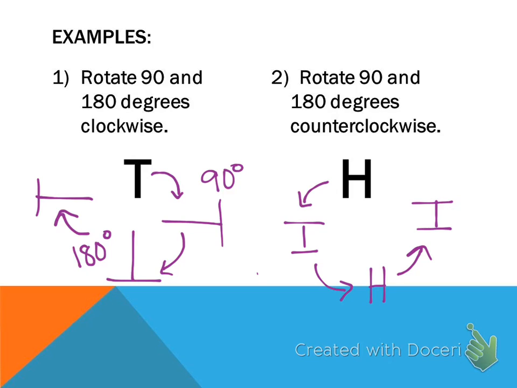If we were to turn it one more time after that, where would we be? 360, which would take us back to the beginning, back to on top of the original figure. Okay. Also notice that I could have gotten the same H's going clockwise. 90 degrees clockwise is the same as 270 counterclockwise.